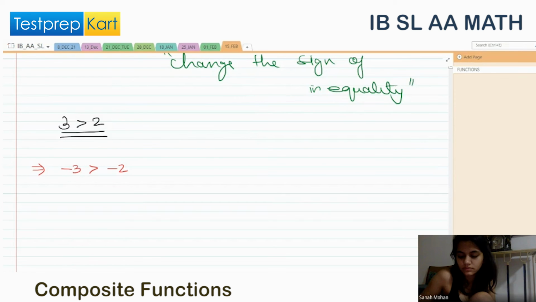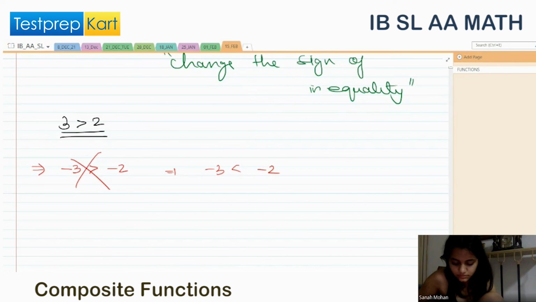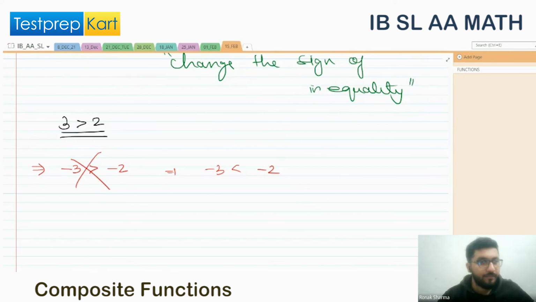No, it is wrong. What is correct? Minus 3 less than minus 2. Let's say if I have minus 2 less than minus 1. If I divide by minus 1 on both sides, it will become plus 2 and plus 1.